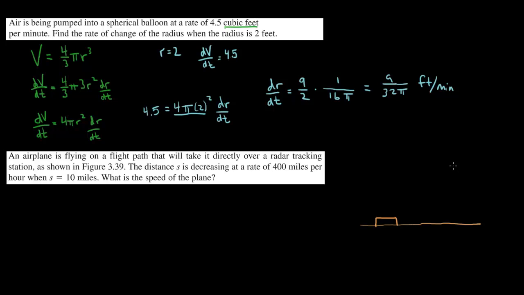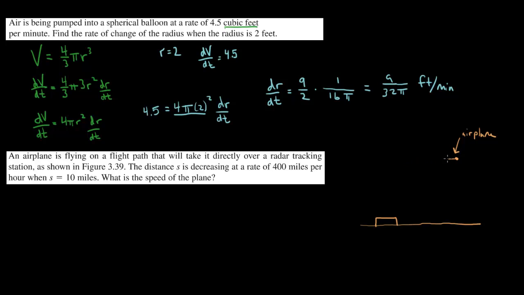I'm not going to attempt to draw a plane, but let's just say a plane is right here. That dot is an airplane. It's going to go directly over a tracking station.